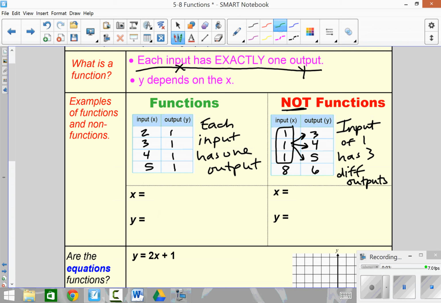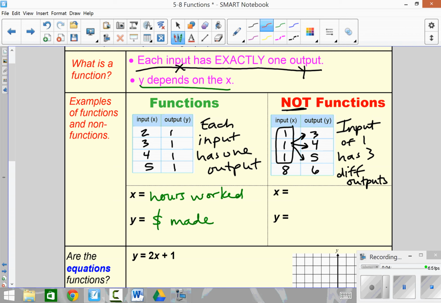An example we talked about yesterday that you may have come up with on your own: money made is the y and hours worked is the x. These two variables have a relationship that creates a function because the y depends on the x. The amount of money that you make at work depends on how many hours you have put into work. You work 1 hour, you make so much. You work 2 hours, you make more. Work 3 hours, you make even more.